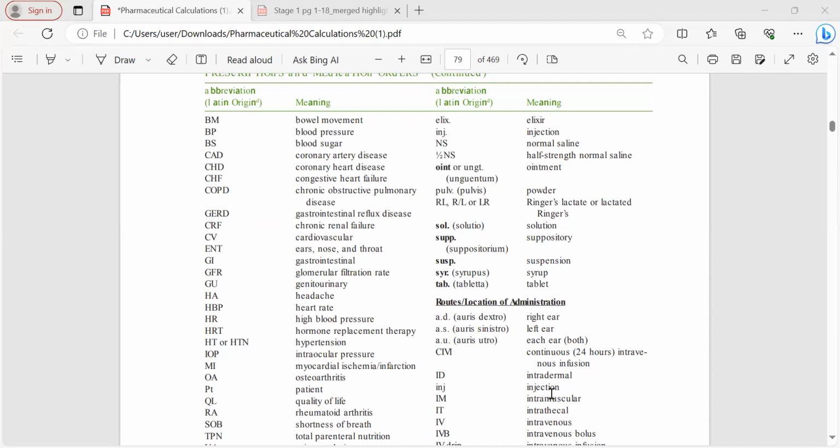Every other day ni every 2 days. Hiyo itadenotiwa aje kwa prescription? Yo, it was like Q, then 48H. Oh, Q48. Okay, every 48 hours.